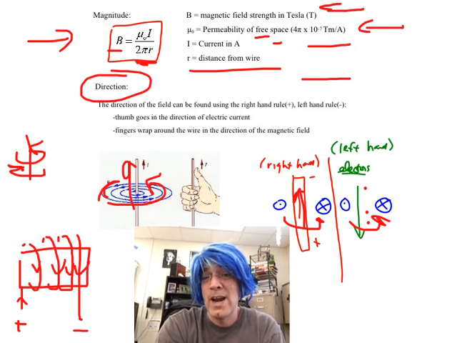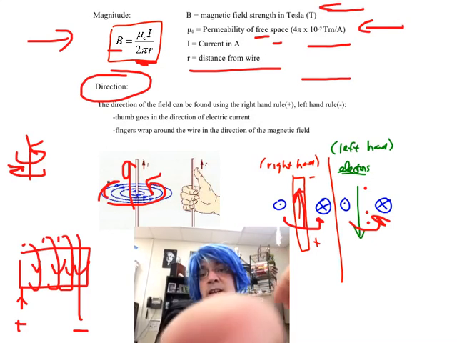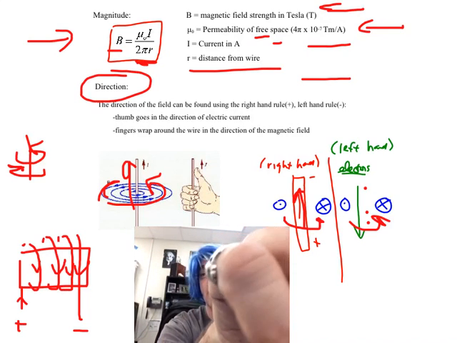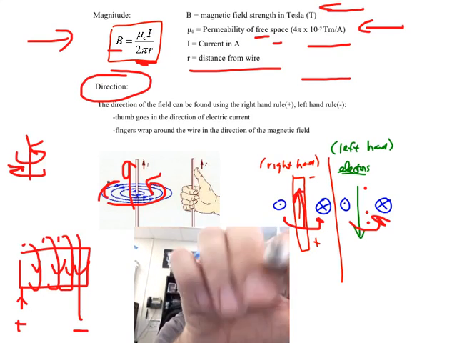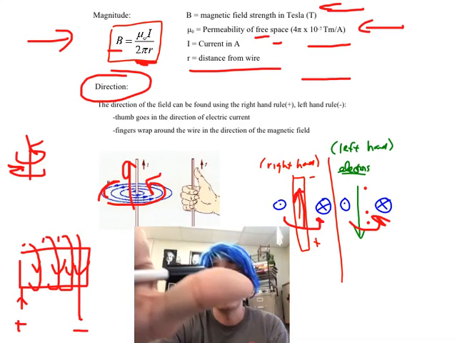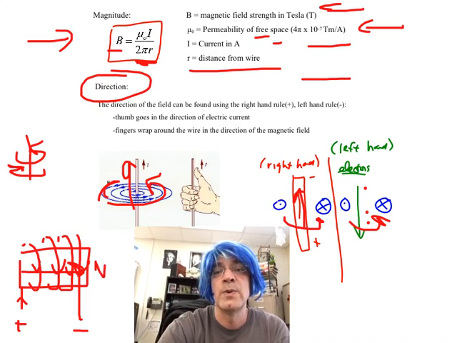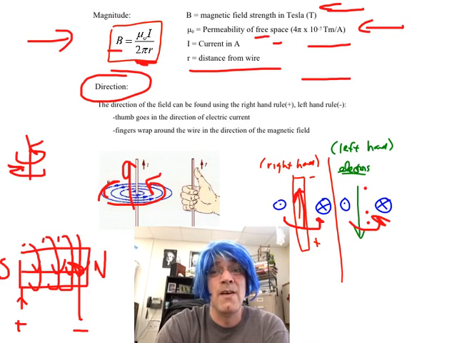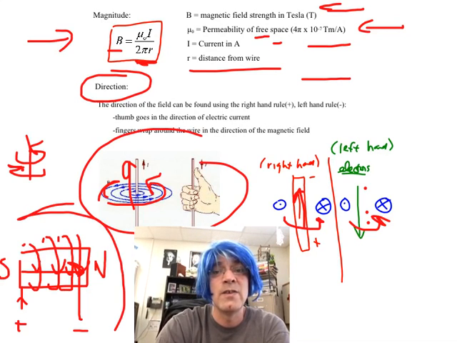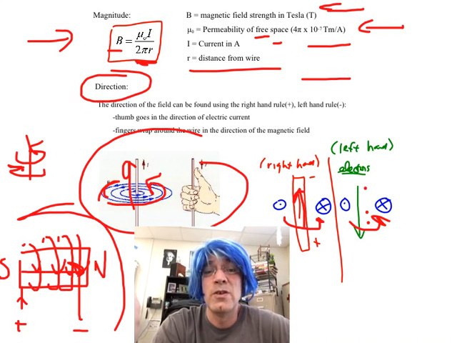And for this kind of right-hand rule, because they're all adding up together, we can take our fingers and curl them in the direction of the current, in this case going up and over, and our thumb shows us that the direction of the magnetic field through the center of this magnet goes this way, and it always points towards north and away from south. We're going to do a bunch of examples of this kind and this kind in class. If you don't quite get it now, just be patient and we'll talk about it. They're really kind of easy problems, but we do have to do a little bit of practice before we get it.